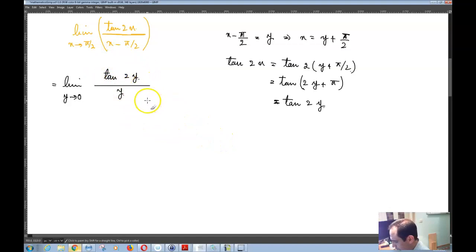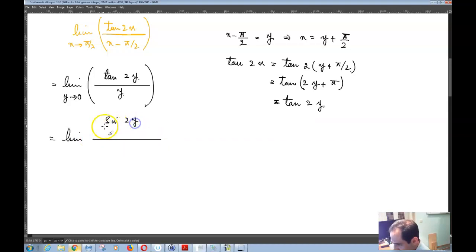Sine 0 is equal to 0, so tan of 0 is equal to 0, and then you would get again 0 by 0. So what I can do is write this as the limit of sine 2y by cos 2y over y as y tends to 0.